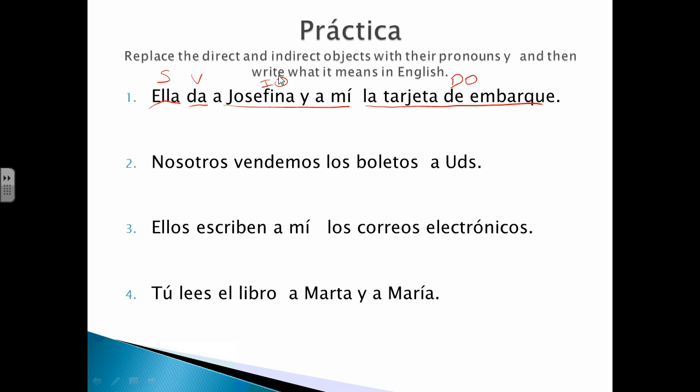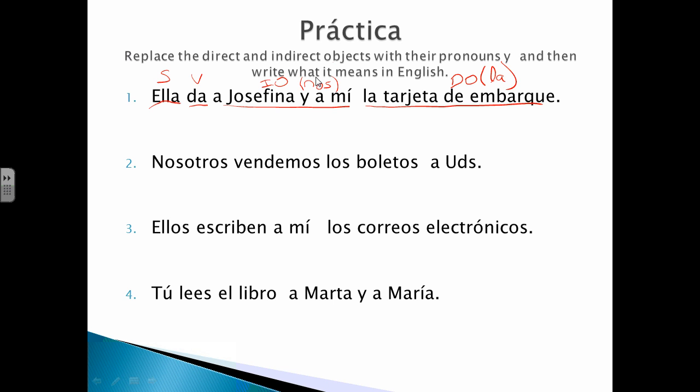Instead of saying she gives the boarding ticket to Josefina and me, you want to say she gives it to us. So the easiest thing to do is figure out what the pronouns are. The pronoun is la. And then Josefina y a mí. This one's a little bit more difficult. It's on the plural side and you're including yourself, so this is nos.